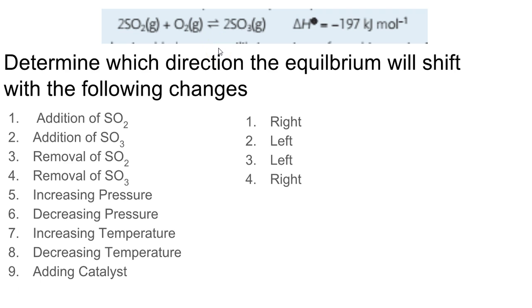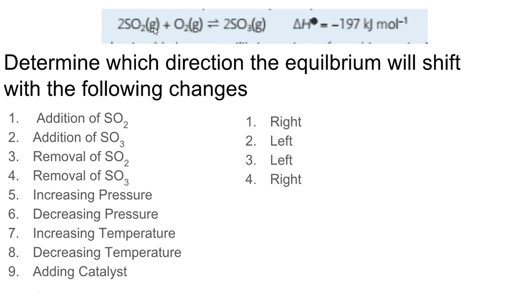Now for pressure, the way you do pressure is you have to look at the number of moles of gas. So on the left side, we've got 3 moles of gas, and on the right side, we have 2 moles of gas. So if we increase the pressure, if we start to squeeze this container, the 3 moles of gas are going to feel more pressure than the 2 moles of gas. And so they're going to want to move towards the product side.